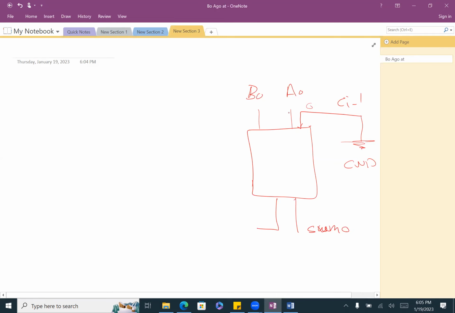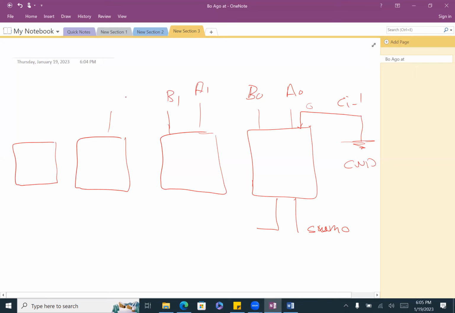Okay, so that's only one slice, correct? Now, if you need 4 bits, you will repeat the same design. You already did it once, you don't have to do the design again. You already have it, and just put the inputs. You will have A1, B1 as input, then A2, B2, then A3 and B3 as input.